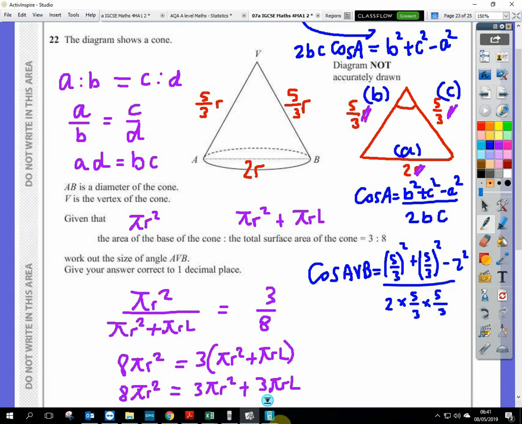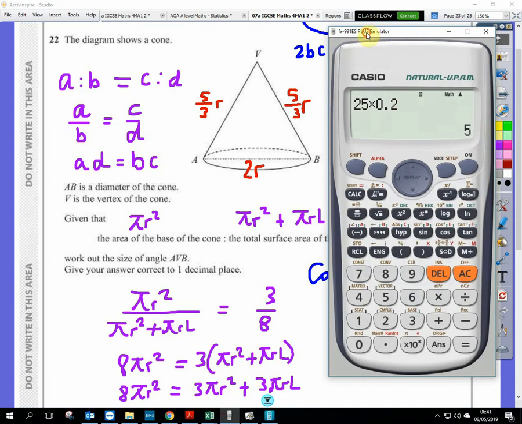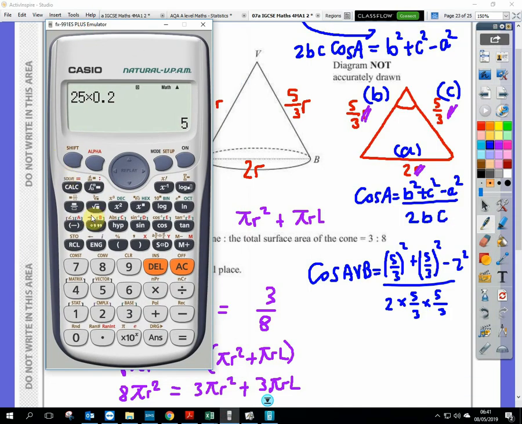Okay, so we'll type this into the calculator. Slightly easier to do it like this. You type in 5/3, press equals, so that's now your Ans. And what we do is we press Ans squared plus Ans squared minus 2 squared over 2 times Ans. Remember, this is cos of AVB.